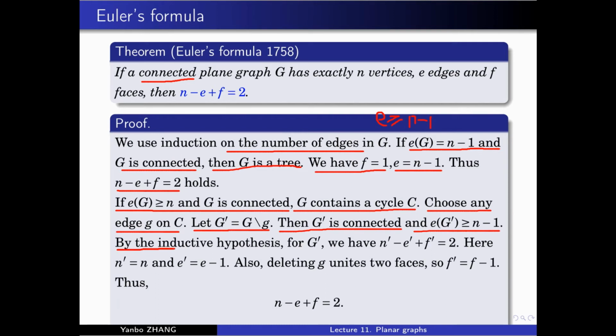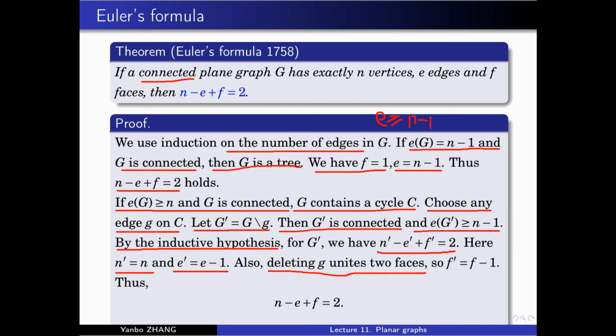So we can use the inductive hypothesis. By the inductive hypothesis, for G prime, we have n prime minus e prime plus f prime equals 2. Here n prime equals n and e prime equals e minus 1. Also, deleting g unites two faces. g is not a leaf edge, g is not a cut edge.